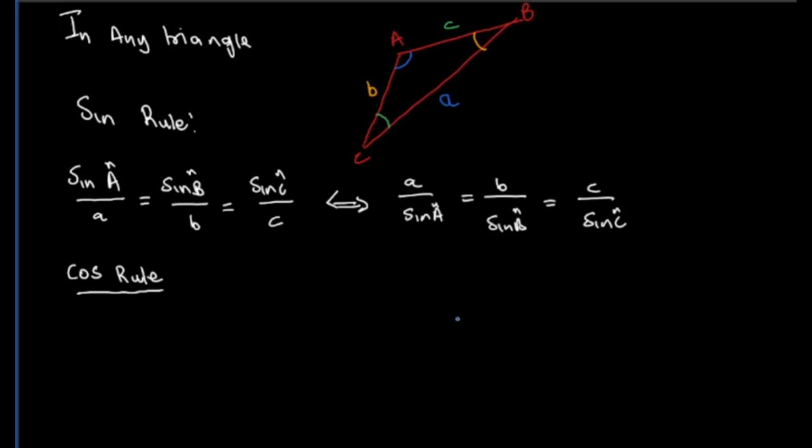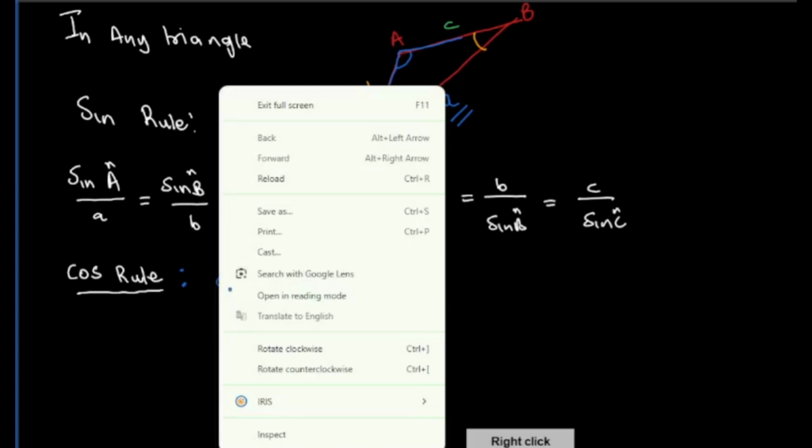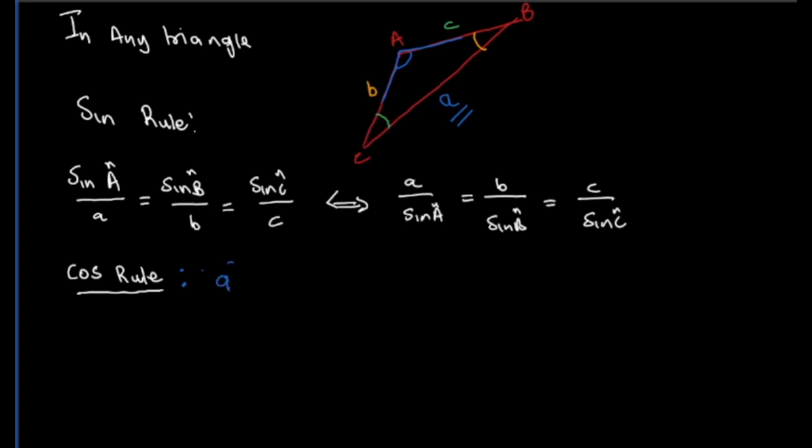So let's say that we need to find the side a. This tells you that we need to have the length of b and the length of c, so that angle A is included. So if I say the cosine rule, it will be a squared.